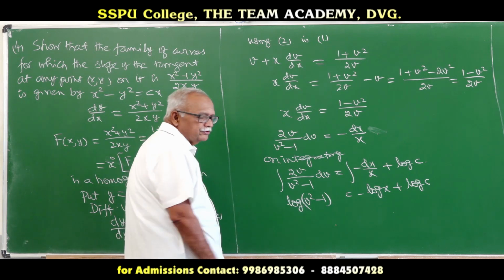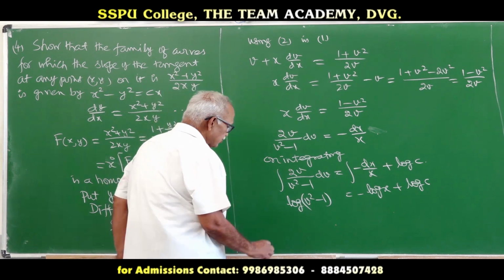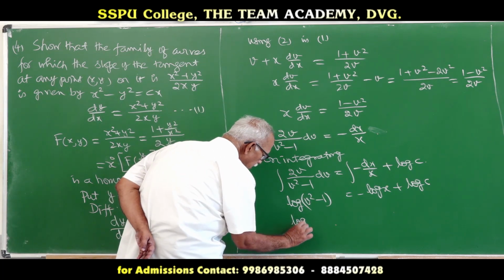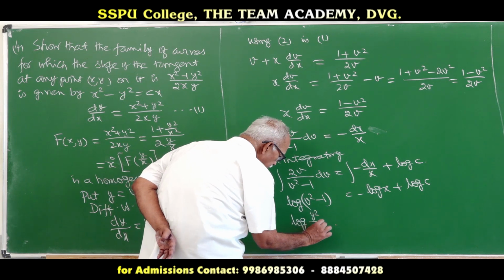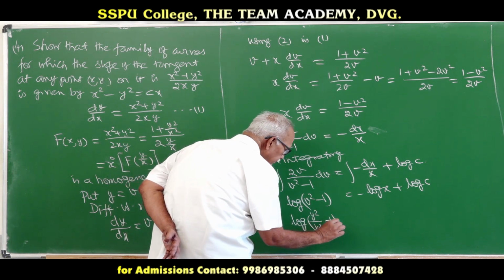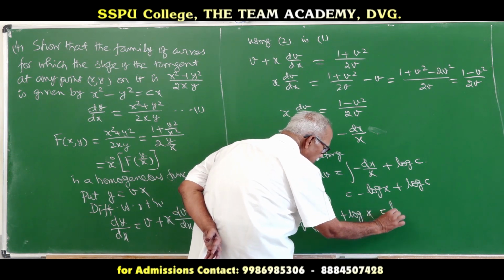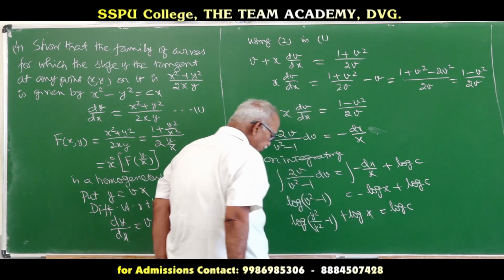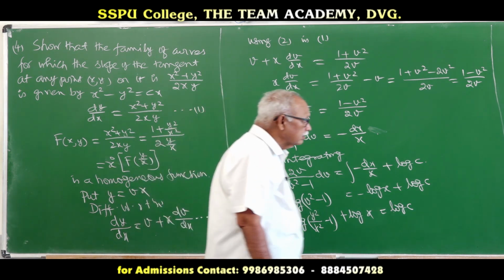So, let us substitute for v square, y by x, that is log of (y square by x square minus 1) plus log x is equal to log c. Now, you can combine these logarithms.